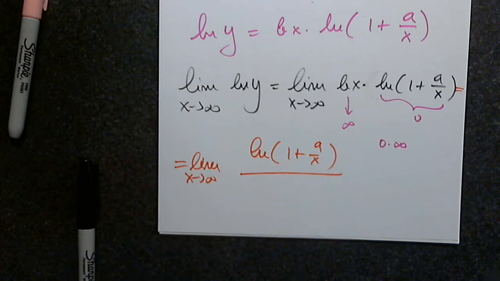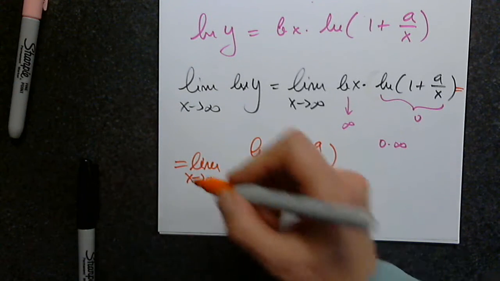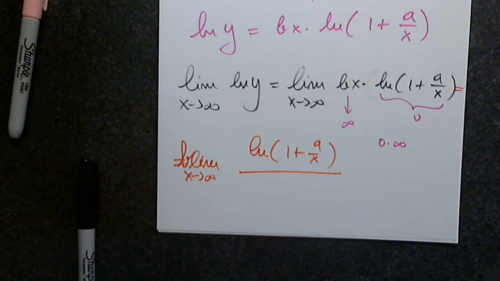How do I manipulate bx? Forget about b. I can even put it outside. I don't care for b. It's a constant. I can go outside and wait. So what will I do to bring something to the denominator without changing the function?